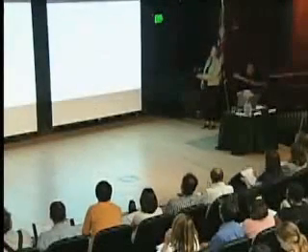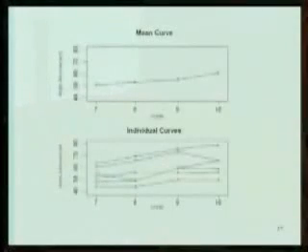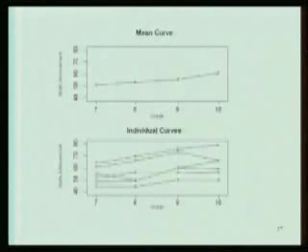So we see the mean growth curve, and it's obviously not perfectly linear. And if we look at these curves, we can see that some look similar to the means, but there are some that are different. This one dips down and then goes up and over, and another one goes up a lot between 8 and 9.